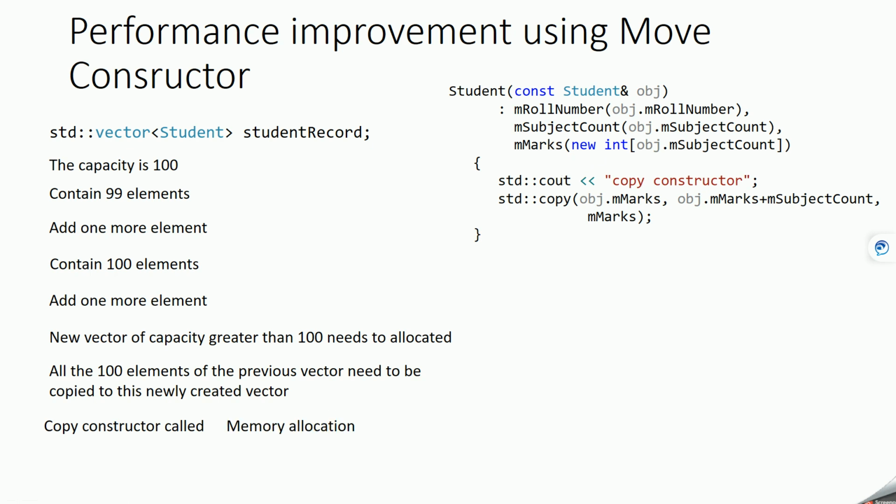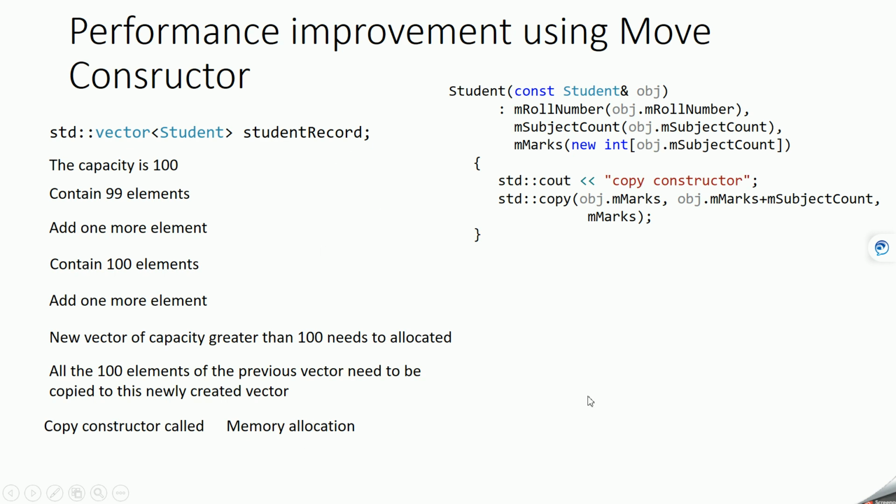So in this case, instead of allocating memory for the new vector's elements, we can use the already existing memory, because these 100 elements in the previous vector already have memory, present in some locations, so we can reuse that.